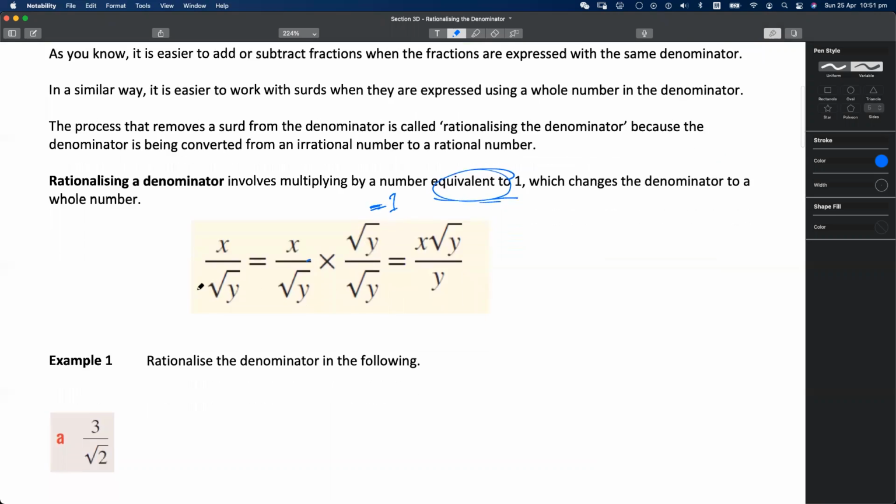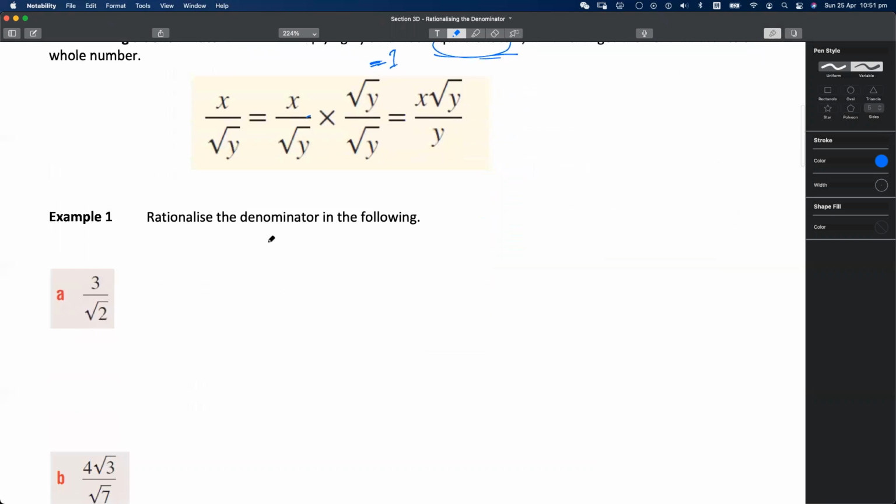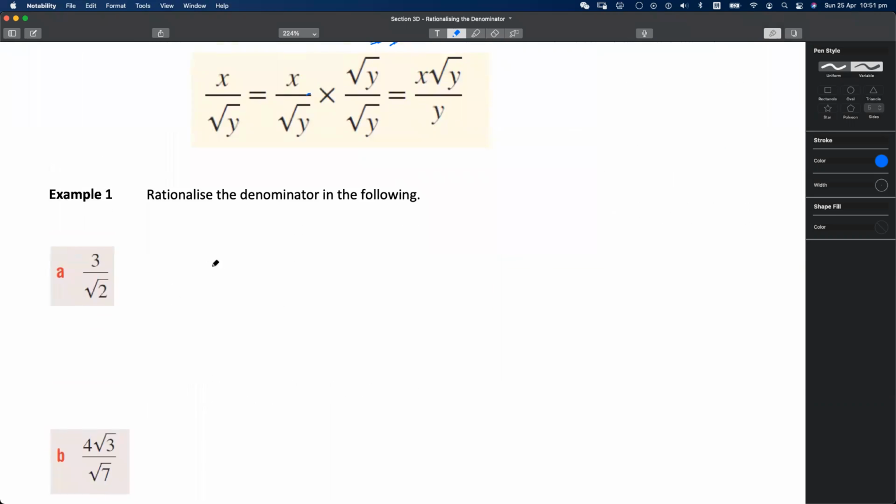Example 1, rationalize the denominator in the following. We have root 2 as a surd on the denominator, which makes the bottom irrational. So to make it rational, we just need to multiply by root 2 over root 2, because you have to be mindful that this number times itself will give you a whole number.